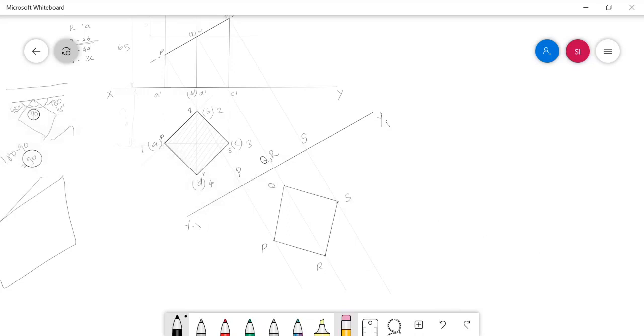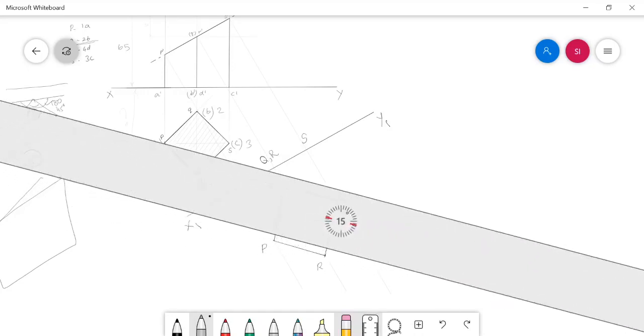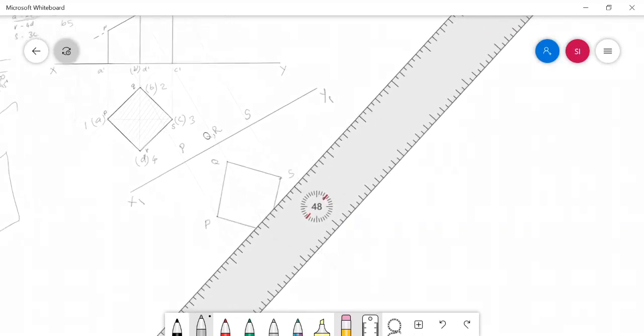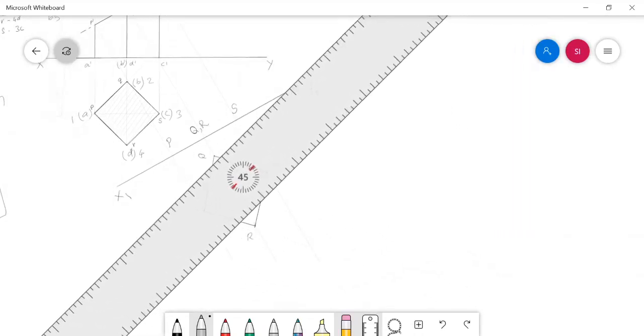Definitely you will not get a perfect square here. So this oblique square is nothing but the true shape of the sectioned surface, the newly exposed surface.